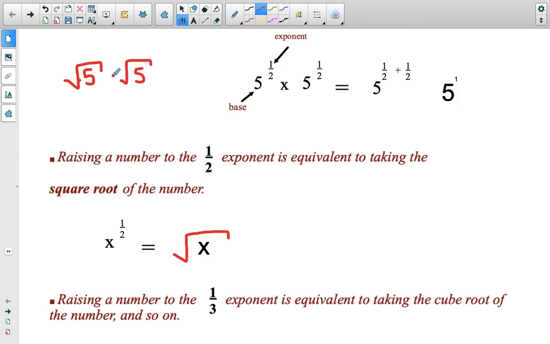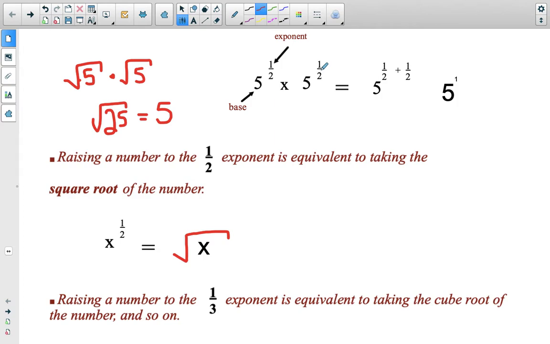Well, you're going to learn this rule. When we multiply radicals, we just multiply what's on the inside of them. Even if you put this in your calculator, we're going to end up getting the square root of, well, what's 5 times 5? 25. Well, what's the square root of 25? That's 5.